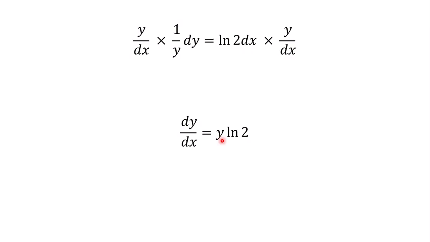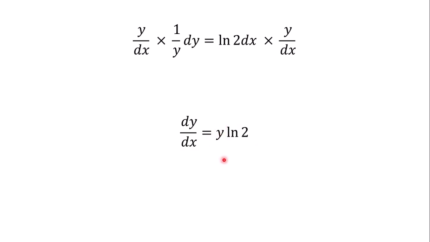So we have to put it back because we made a substitution, where we put y equals 2 raised to the power x. Wherever we see this y, all we have to do is replace it with 2 raised to the power x.